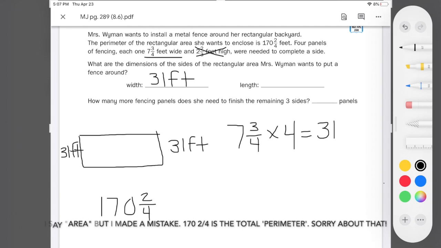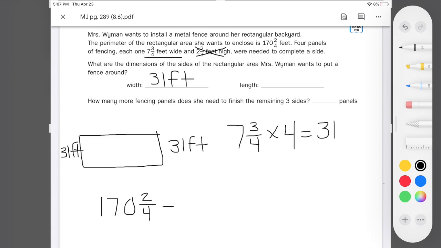And we know what part of the perimeter is. So if we add up what we know, we're going to get 62. I did 31 plus 31. I added up these two widths that we already knew. If I subtract 62 from 170 2/4, then I get 108 2/4.